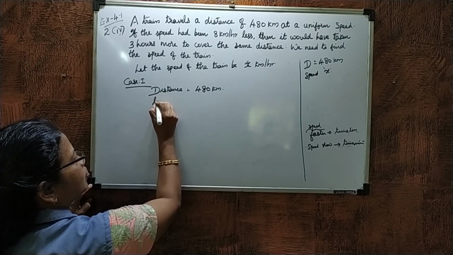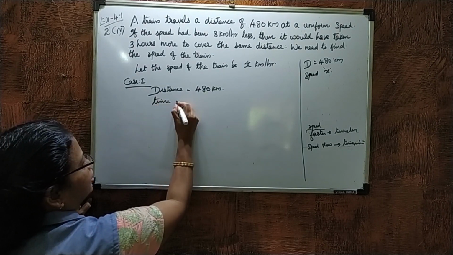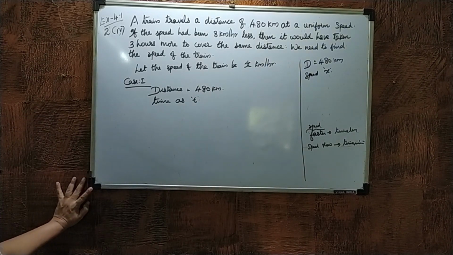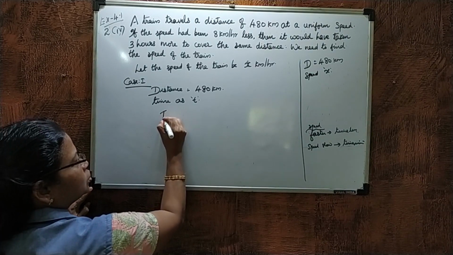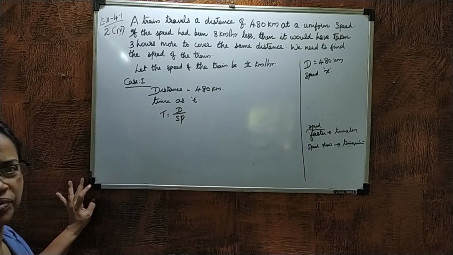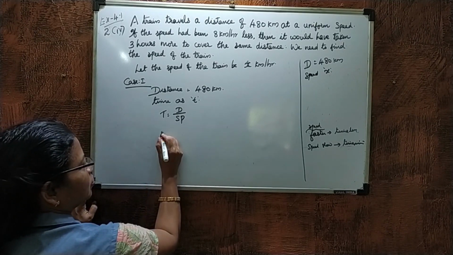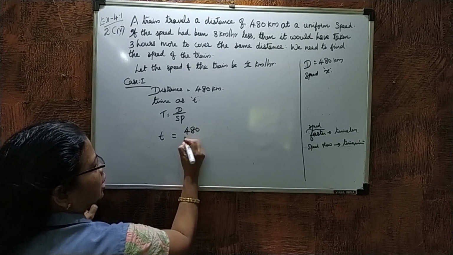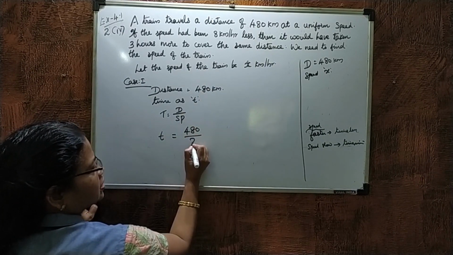We will take time as t. What are the equations? What formulas do you know? Time is equal to distance by speed. Right? Time t equals distance 480 divided by speed x.